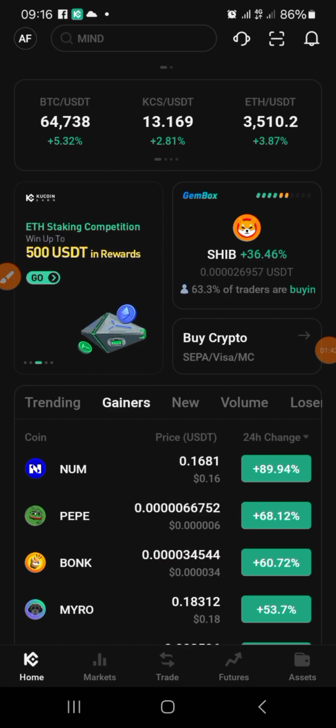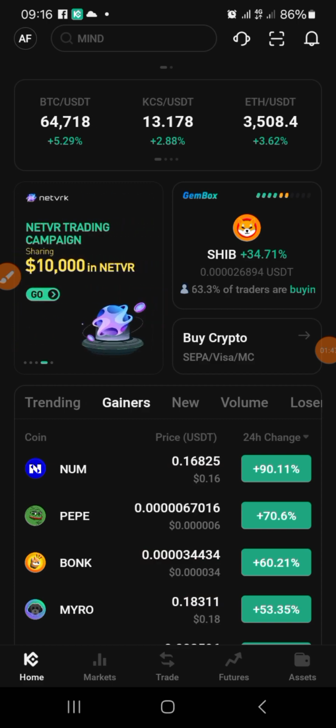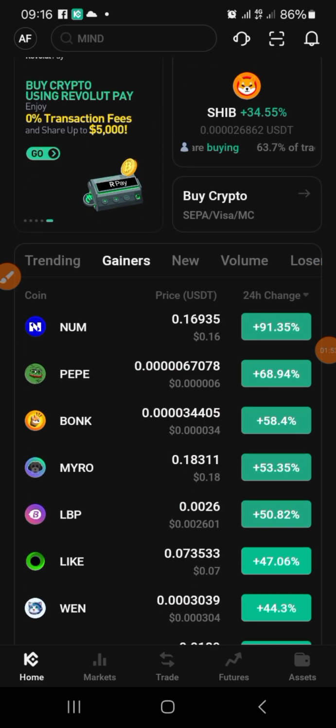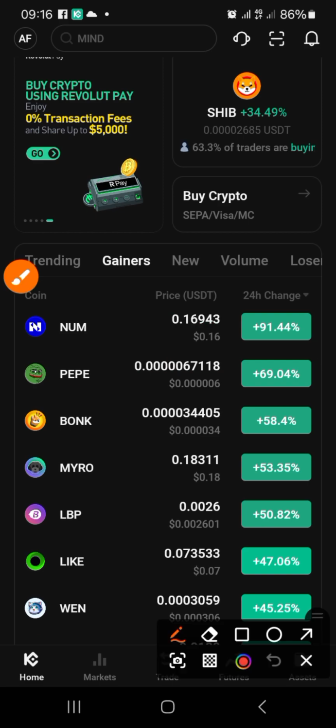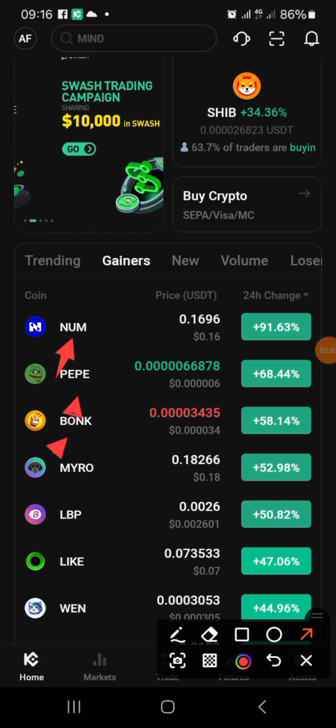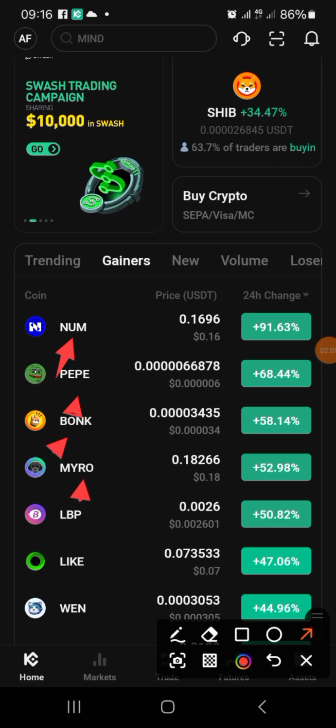So all of these are platforms that allow you to exchange, and all of those assets are featured here. You can see NOU, PEP, Bonk, Metro, and all of those are assets.